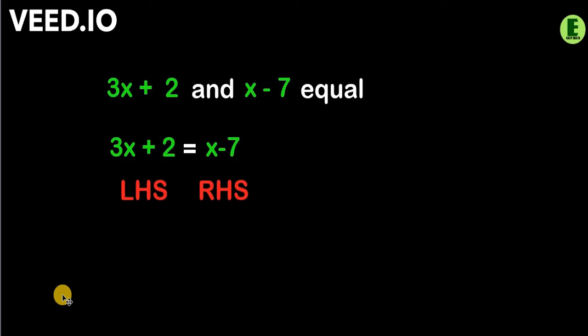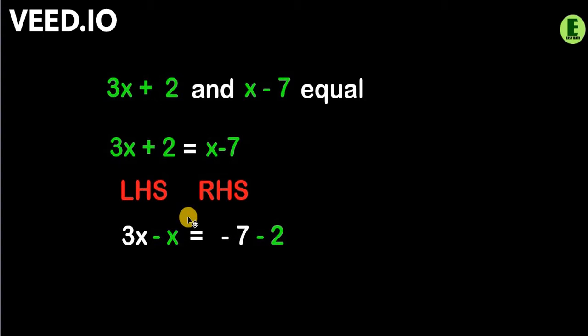Transpose the terms containing the variable to one side and the constant on the other side. Now we have variables, that is 3x and x here. So let us transpose the variable to one side, that is left hand side, and the constant terms. Now the constant term which is towards the left hand side, we will transpose towards right hand side to find the value of x.